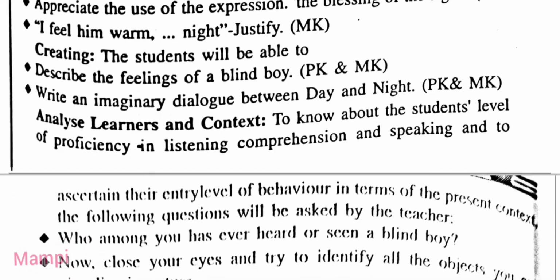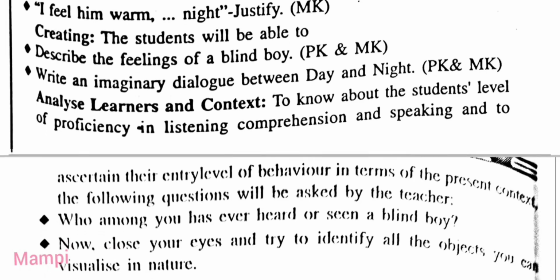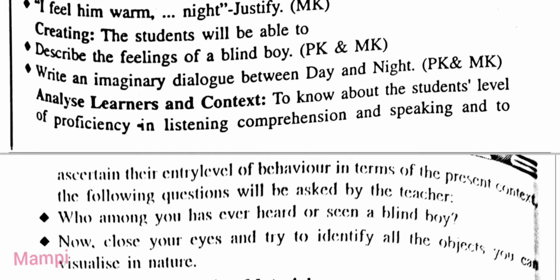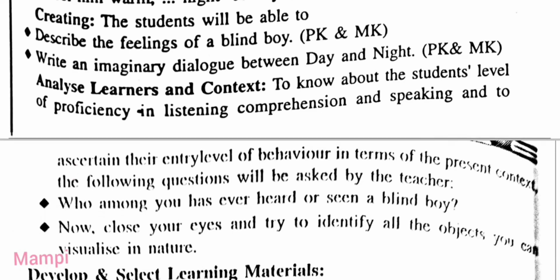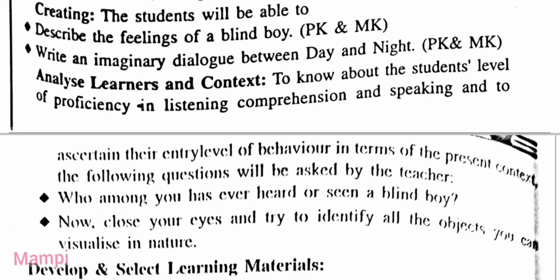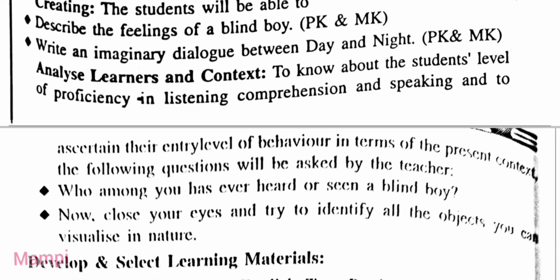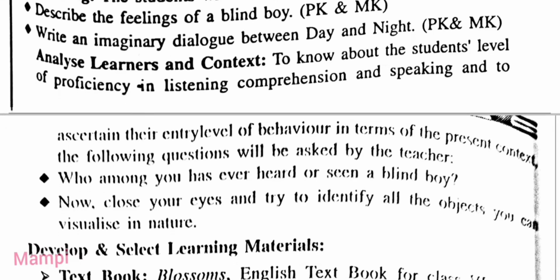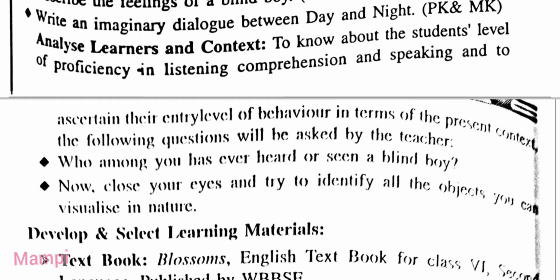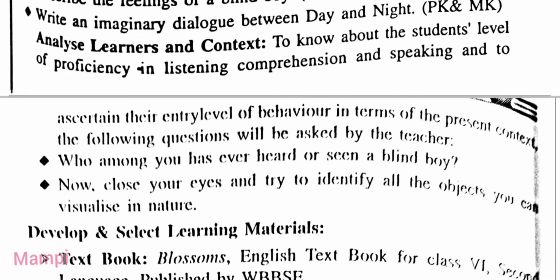Next point is analyze learning and context. To know about the student level of proficiency in listening, comprehension and speaking, and to ascertain their entry level of behavior in terms of the present context, the following questions will be asked by the teacher.